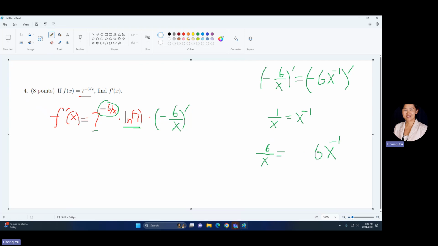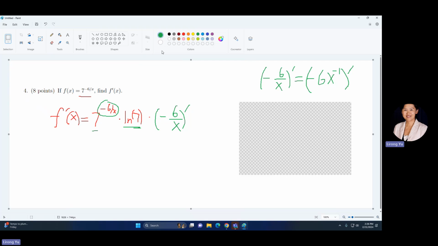So this is the same thing as this, and we can apply the power rule to find the derivative.